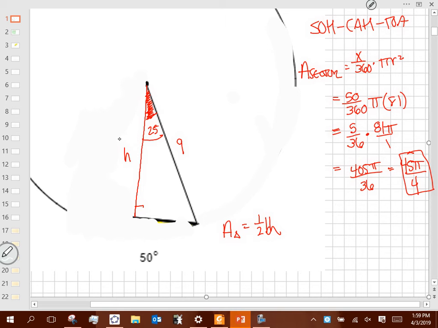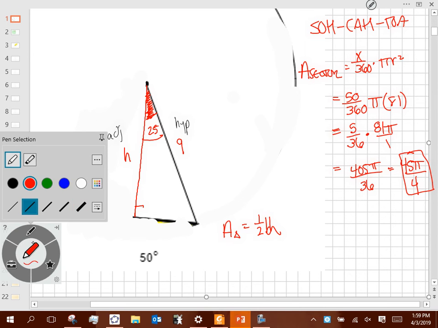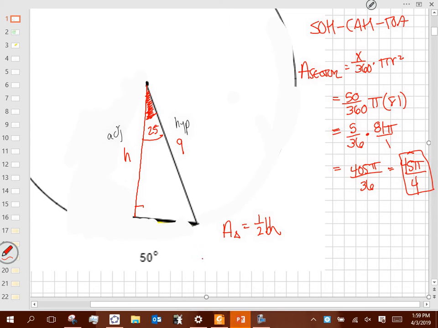Because now they say, well, H is what side compared to 25? The adjacent side, right? 9 is the what? Hypotenuse. So which trig ratio then uses adjacent and hypotenuse? Cosine. So I'm going to say cosine of 25 is equal to h over 9, multiply both sides by 9, and it gives me that to be h, right? Okay. So that's the h that's going to go in my formula here.